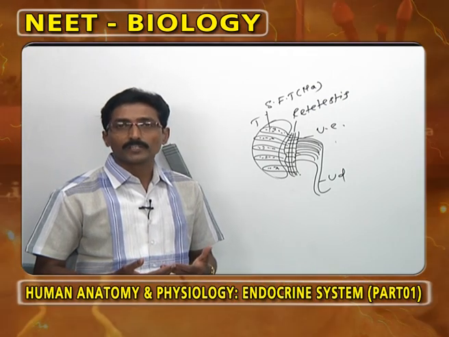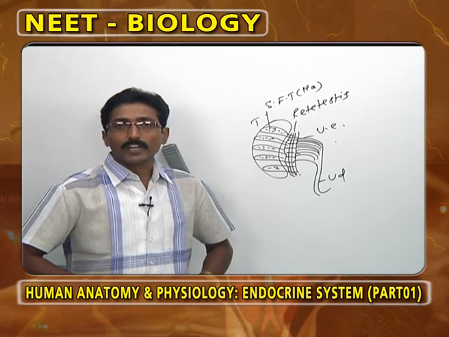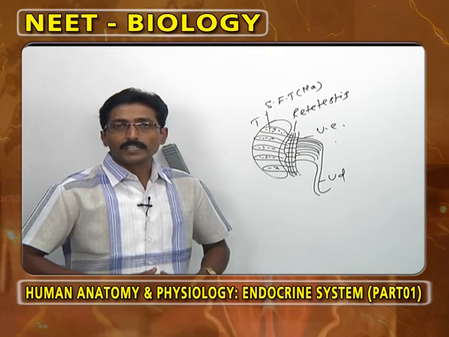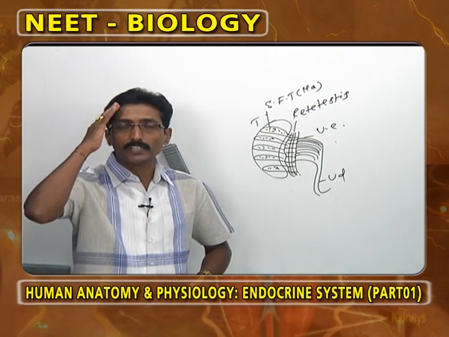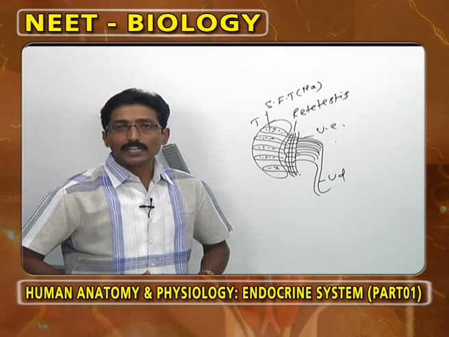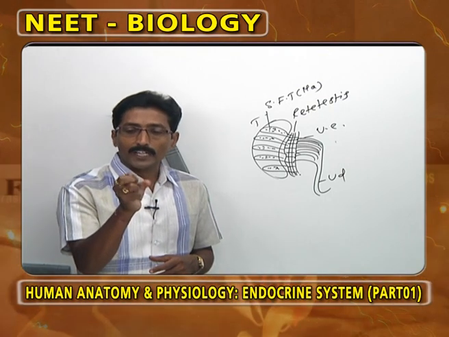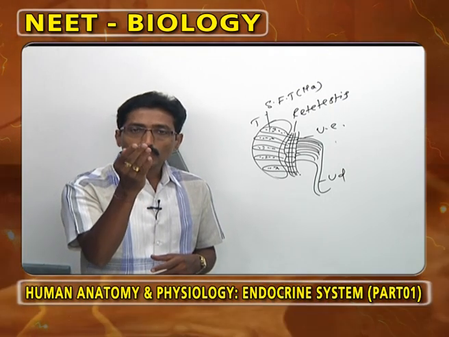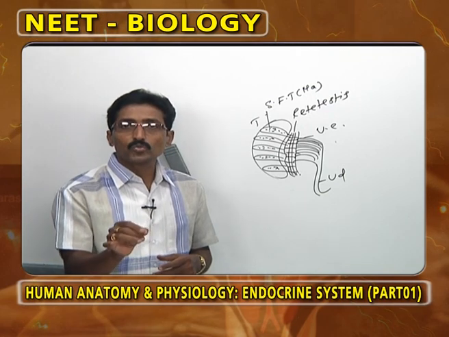Second, micturition. Here the urinary bladder is present. Whenever the urinary bladder is filled with urine, the information goes to the brain. The brain gives a motor impulse to the urinary bladder. Now the urinary bladder undergoes contraction, we pass urine, that we call micturition.